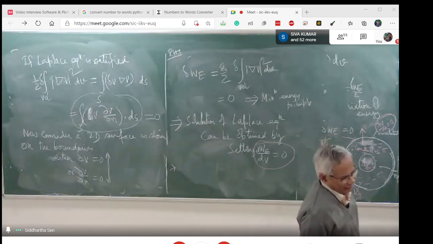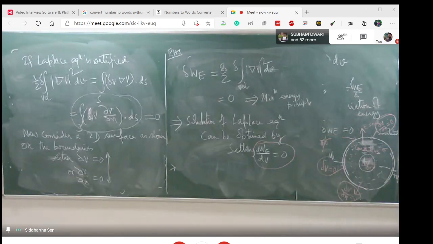That is basically the basis of the finite element method. It employs the minimum energy principle and then tries to solve it.